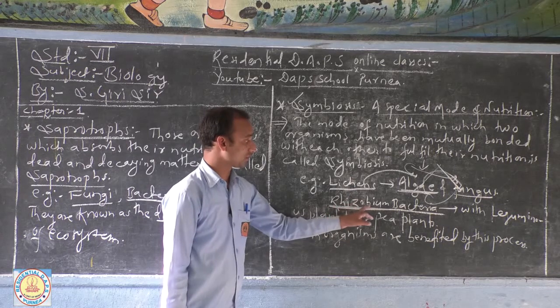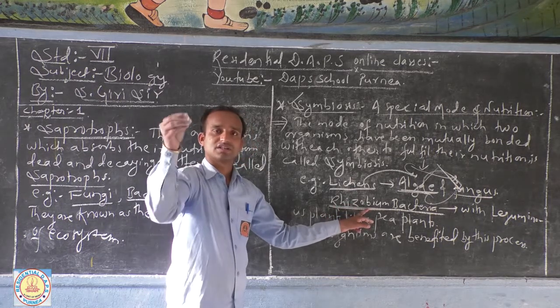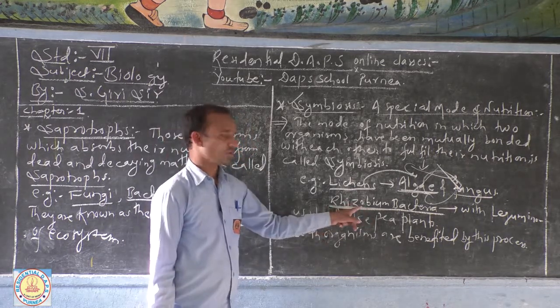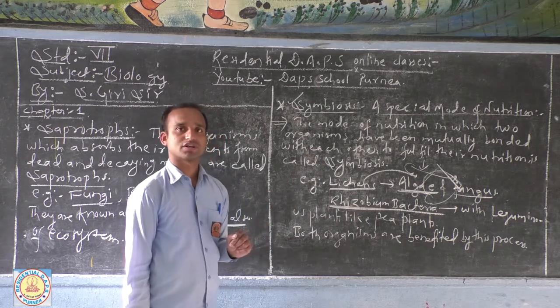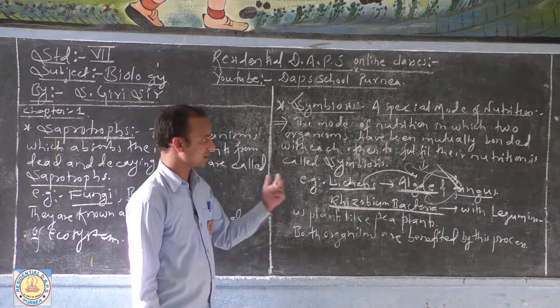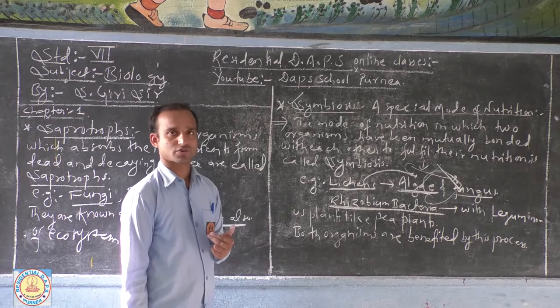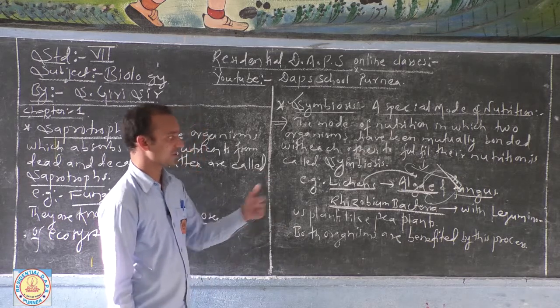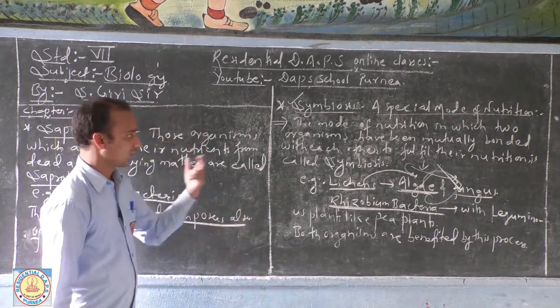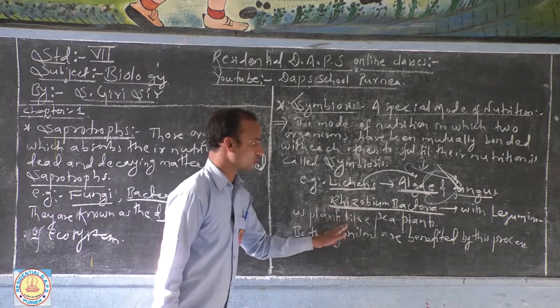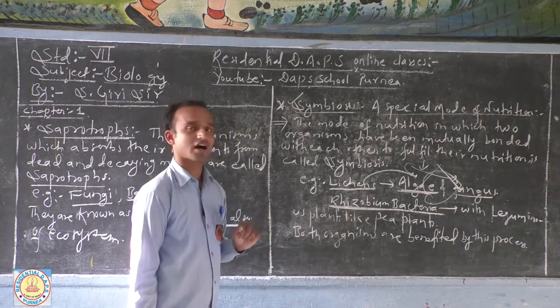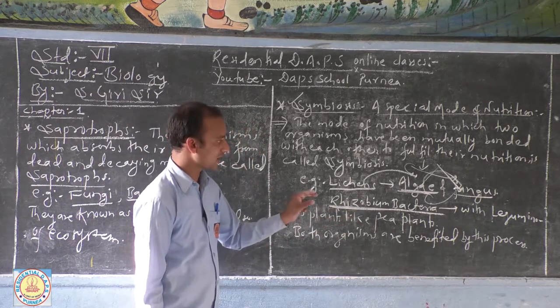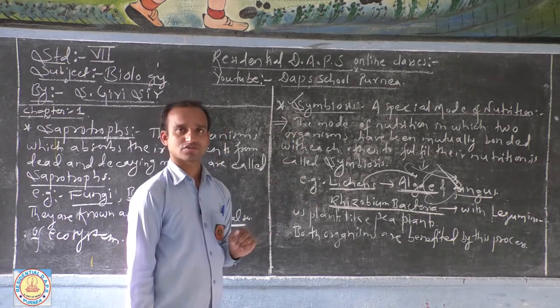The main duty of the rhizobium bacteria is to absorb the atmospheric nitrogen and convert it into soluble nitrates. When the soluble nitrates are formed by the rhizobium bacteria in the soil, those nitrates are soluble in water, and plants can easily take them.